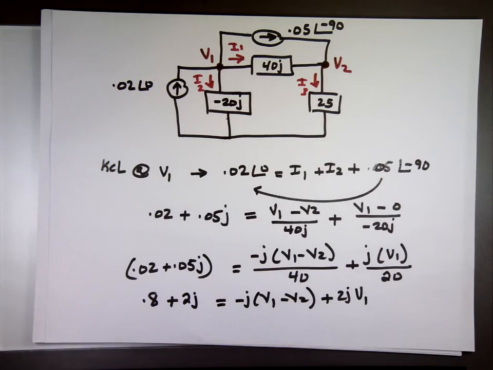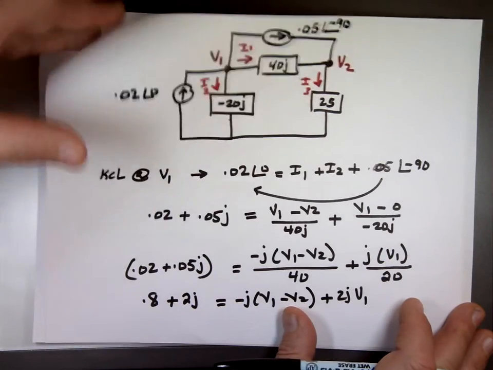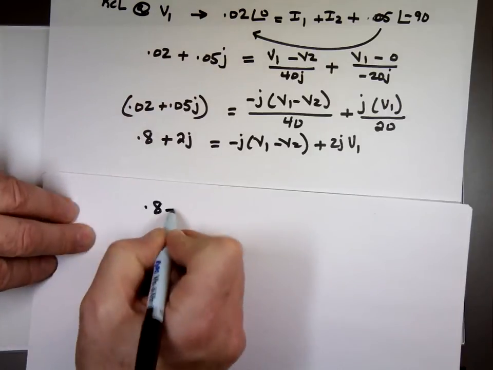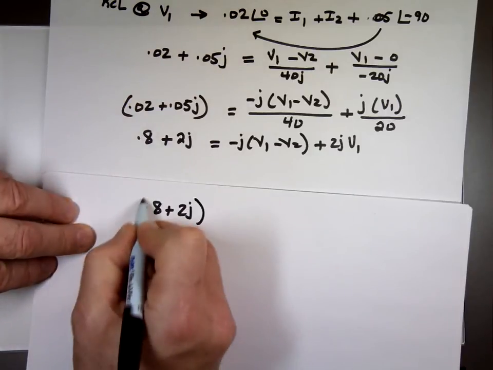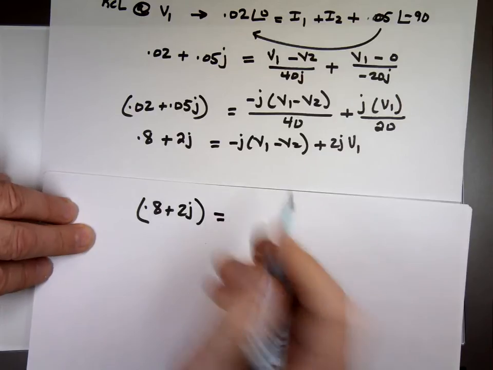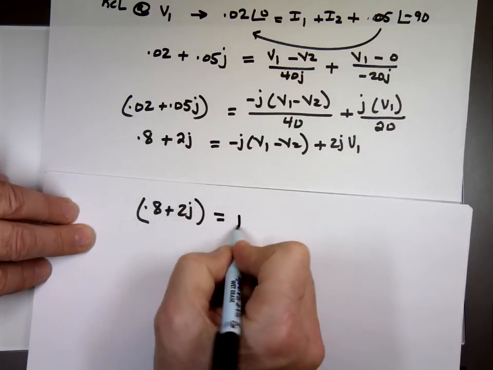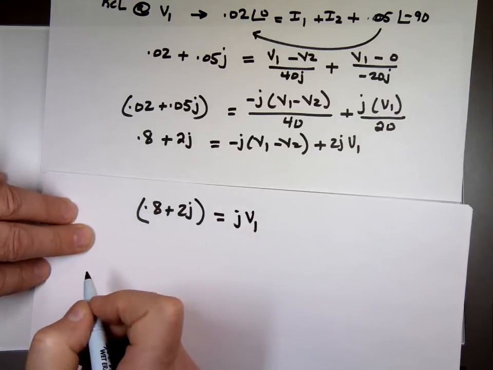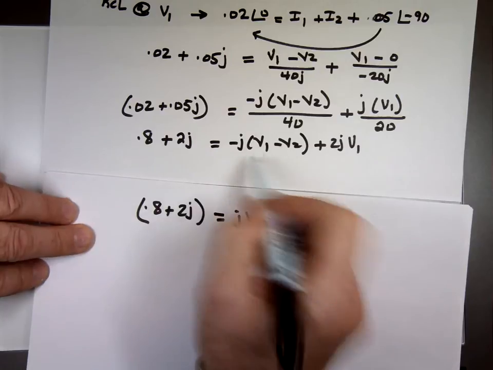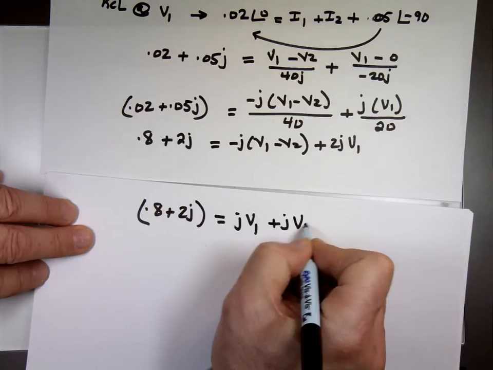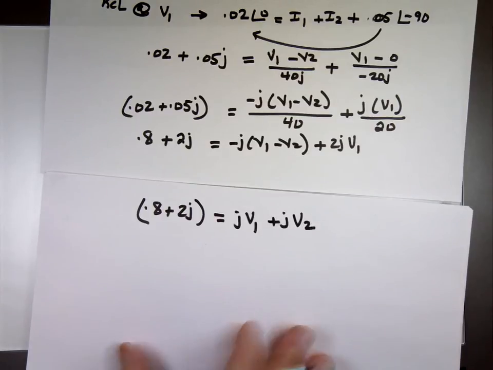Clean that. For V1, what do we have? 2j and minus j will make it what? Plus j? And this is plus jV2. That's the first equation.